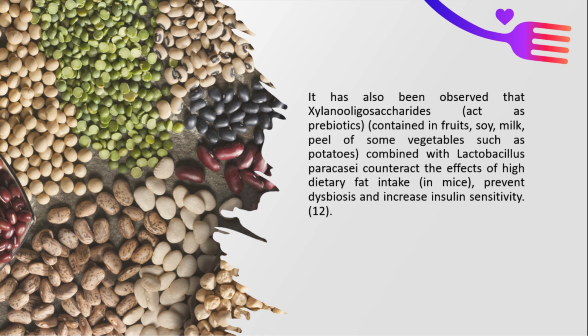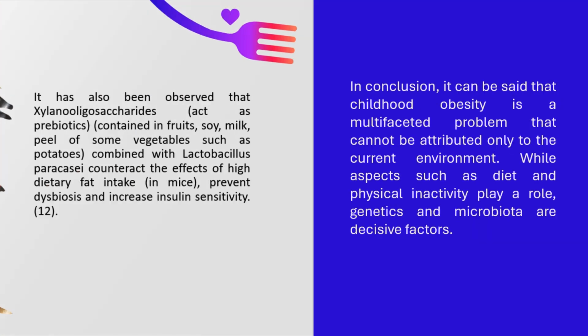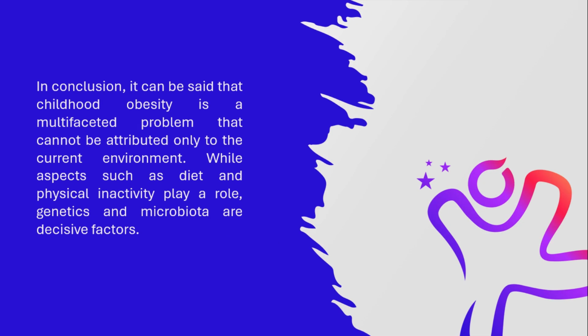They help by increasing the production of short-chain fatty acids and improving immune function. These compounds are found in common foods such as whole grains, in the husk, vegetables like onions, apples, carrots, and legumes. In conclusion, childhood obesity is a complex phenomenon that cannot be explained solely by the modern environment.